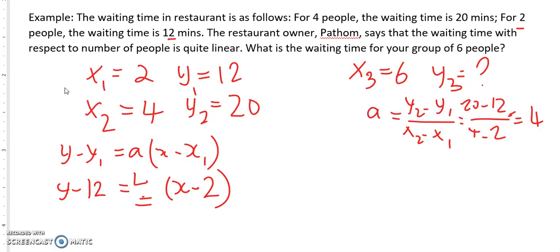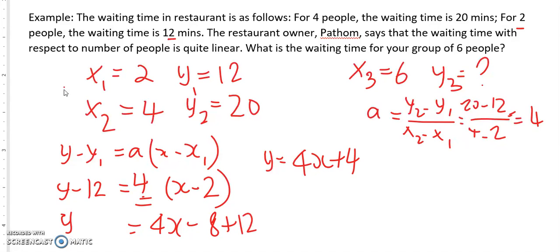So your a is 4. If a is equal to 4, y is equal to 4x minus 8 plus 12. That is, y is equal to 4x plus 4.